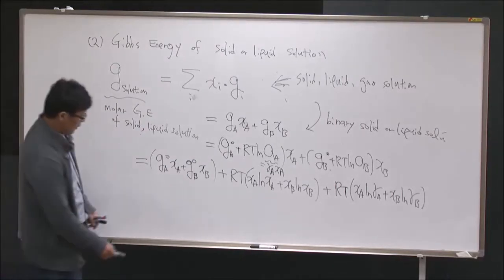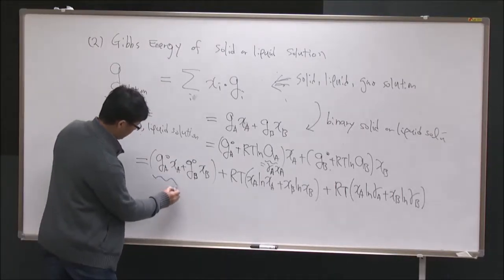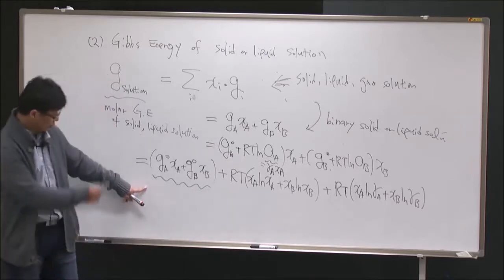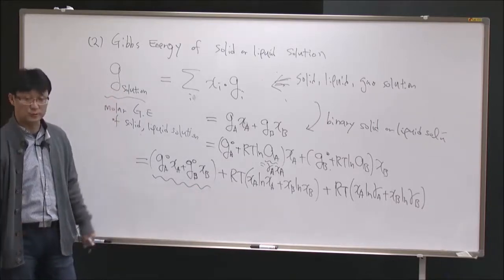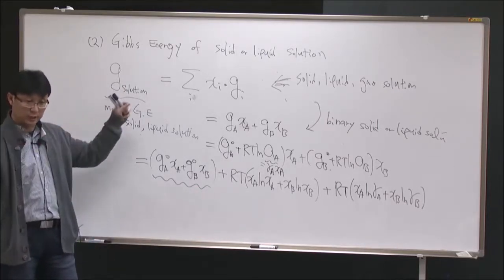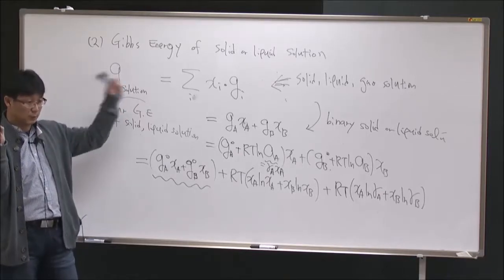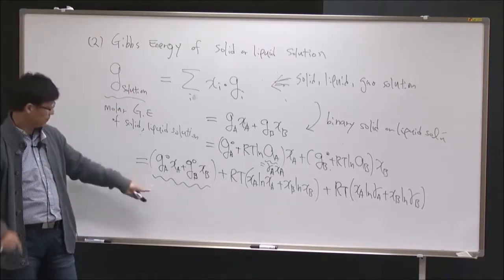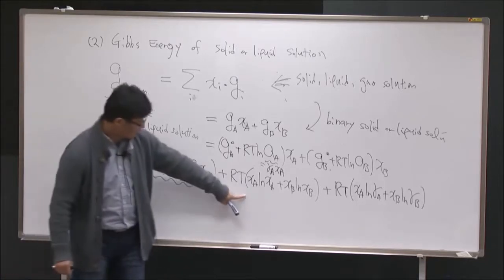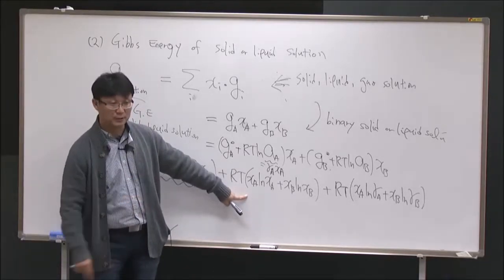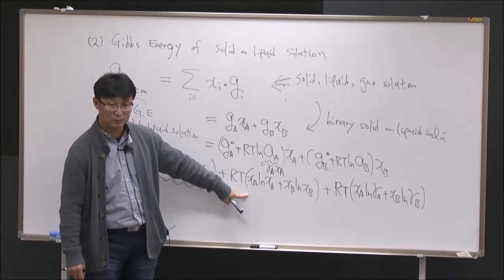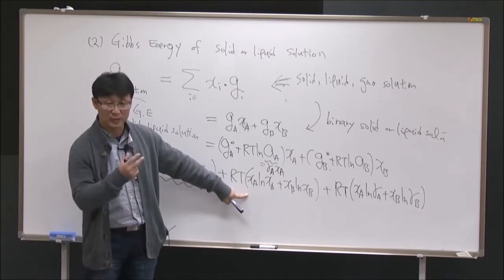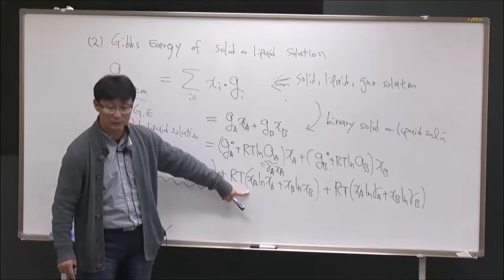If you look at this one, this is just the summation of the two Gibbs energies for the pure species. Okay, a linear change of the Gibbs energy from the pure A to the pure B. And this one is the ideal mixing entropy term. Do you understand this one? Because in the ideal gas solution, we get exactly the same expression.